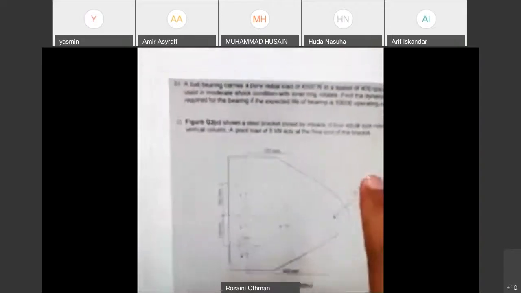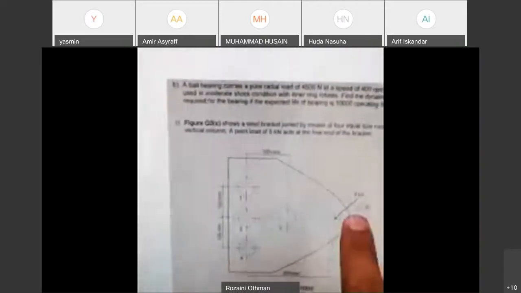So when you get this kind of load, what you need to do is you have to resolve first, and you need to resolve in x dan juga y.